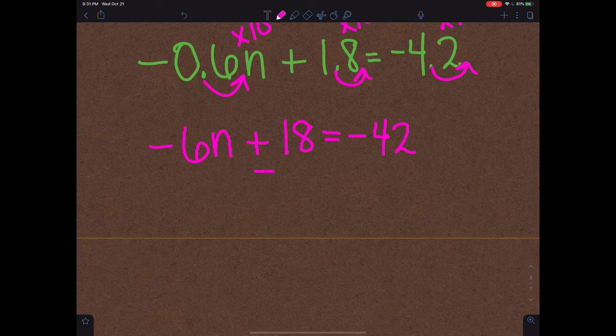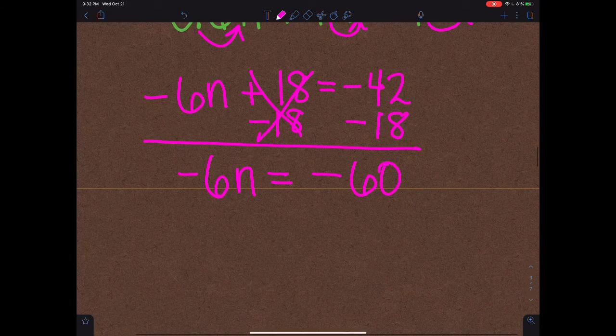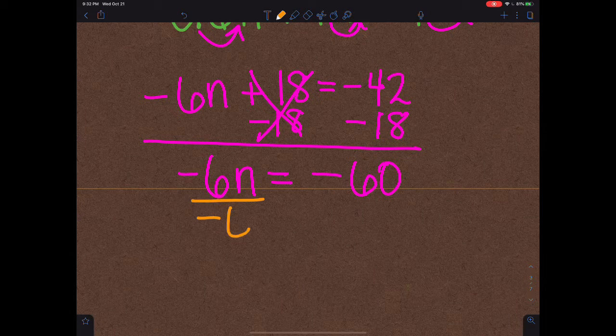So now I'm going to subtract 18 from both sides. Okay, and this cancels out to 0, and I'm left with -6n equals -60. Okay, and then I can just divide by -6.